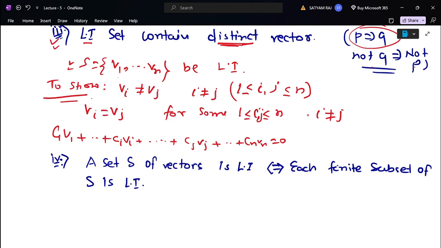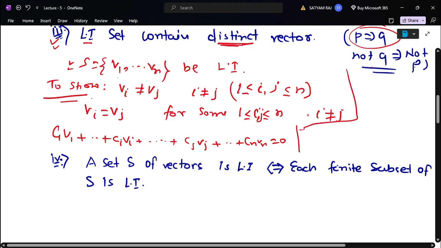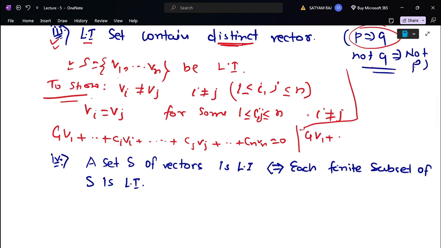As vi equals vj, we can write vi in place of vj, so we can take vi common: (ci plus cj) vi, and so on up to cn vn, equal to 0.